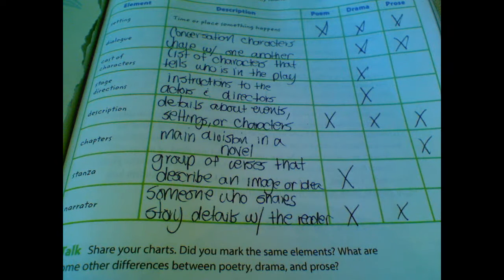Okay, some people may think poetry is easier to read. Some people may think that prose or drama is the easiest one to read. For me, I read a lot more prose because that's just your everyday books, novels and short stories. And I hope while y'all are out that you are reading, okay? Like I said, Miss Rayner and Miss Carpenter are reading some great chapter books on our YouTube channel.